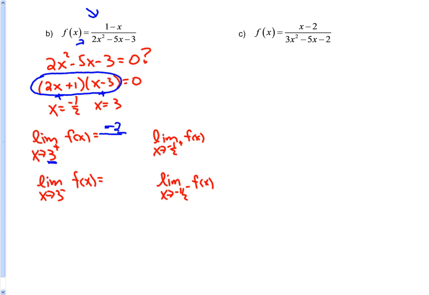But again, we're getting close to 0. So we're approaching 0 from the positive side. And numbers close to 0 are very small. So negative 2 divided by a very small positive is going to give this to be negative infinity.